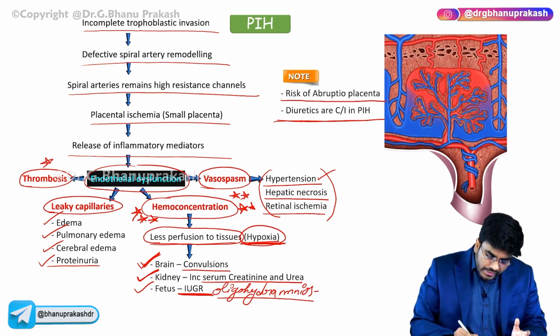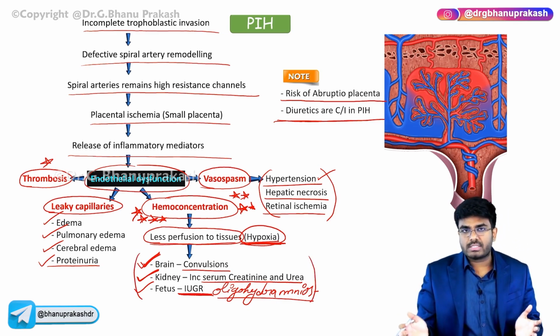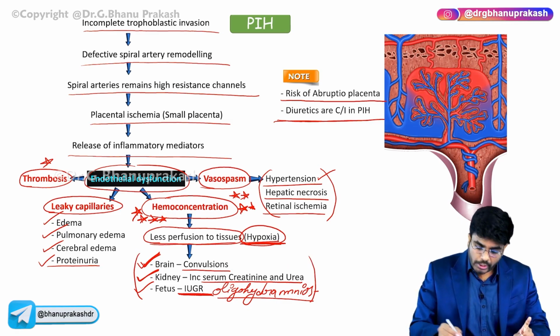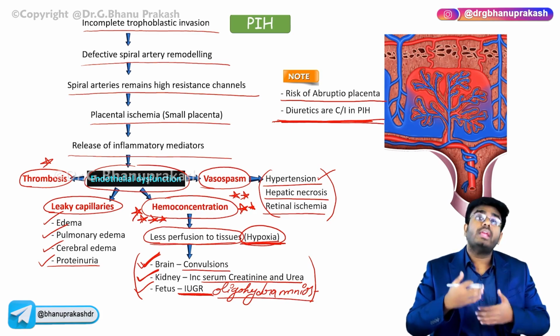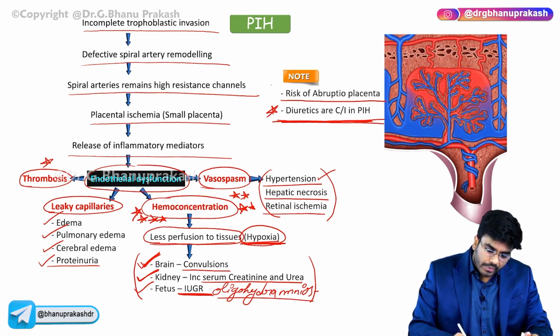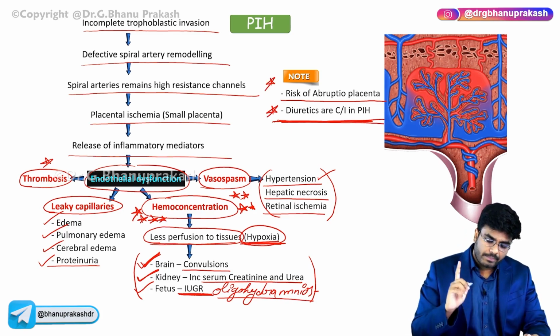She is already suffering with hemoconcentration, and this is causing decreased perfusion to multiple organs. That's leading to multi-organ failure actually. So never give diuretics. If you give diuretics, you are actually killing the patient because more hemoconcentration can occur. So diuretics are contraindicated, and pregnancy induced hypertension is a risk for placental abruption.